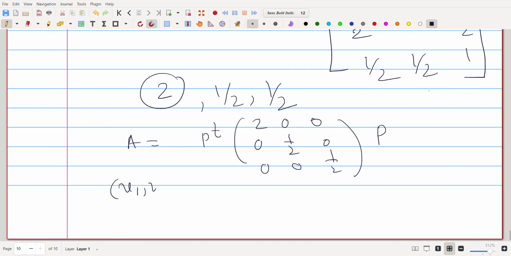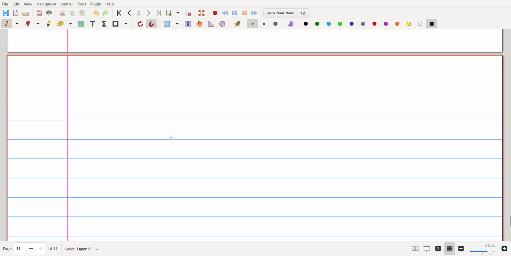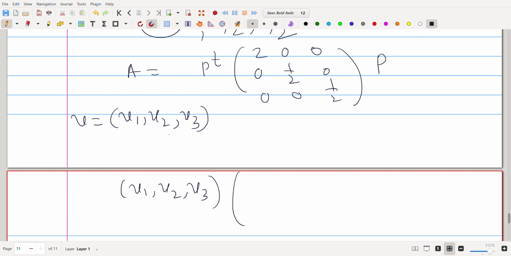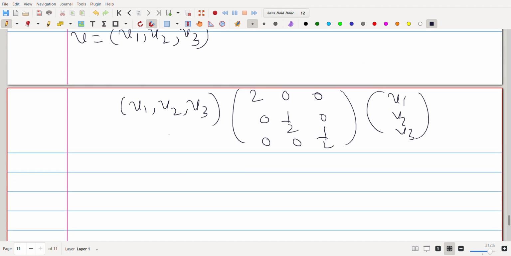So if you have a vector, say V, then v1, v2, v3 times the matrix 2, 0, 0, 0, half, 0, 0, 0, half, times v1, v2, v3, and if you multiply it, you will get 2 v1 square plus half v2 square plus half v3 square.